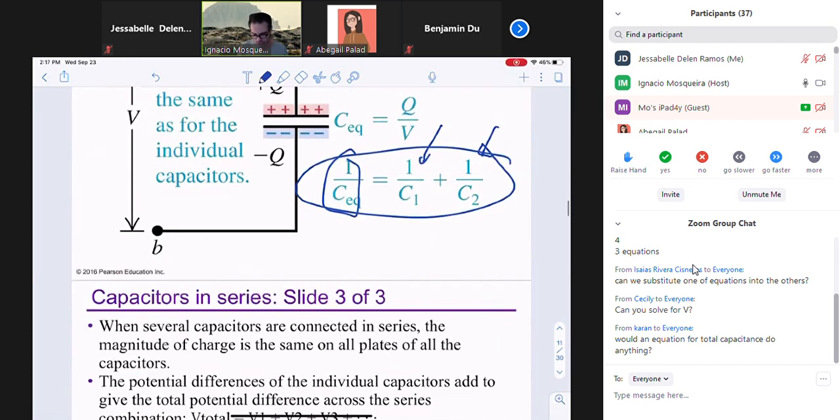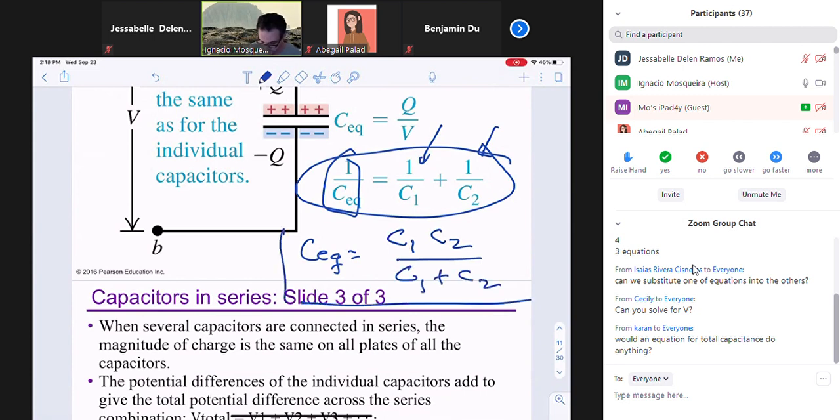People write it in other ways as well. So, please, you could also write it like this if you wanted. Okay, you can also write it like that, but remember that I inverted the whole thing to get this equation. So you can write it however you want.